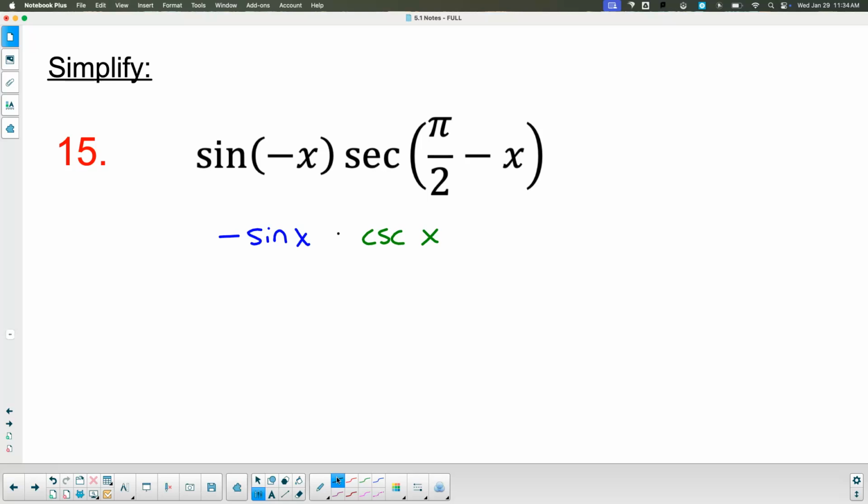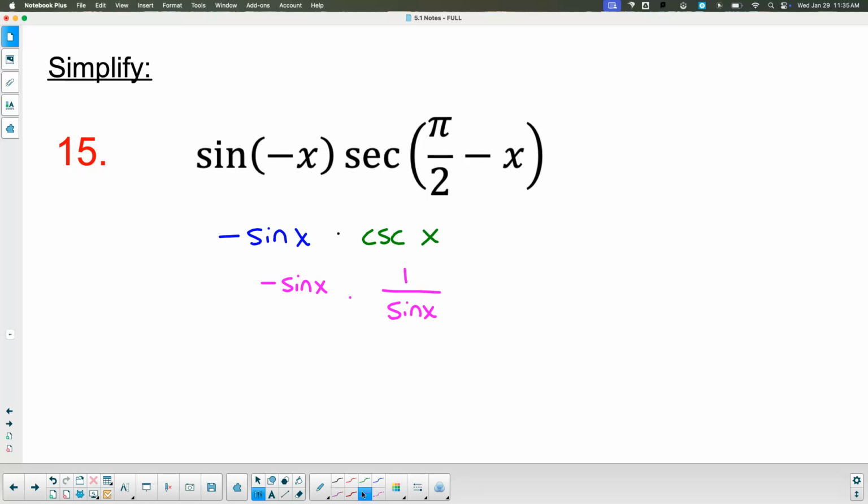Cosecant of x is equal to... sine x divided by sine x is 1, right?